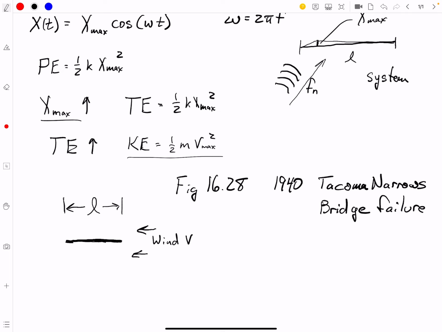But the wind happened to be at just the right speeds that day to cause this bridge to start to do this kind of thing.